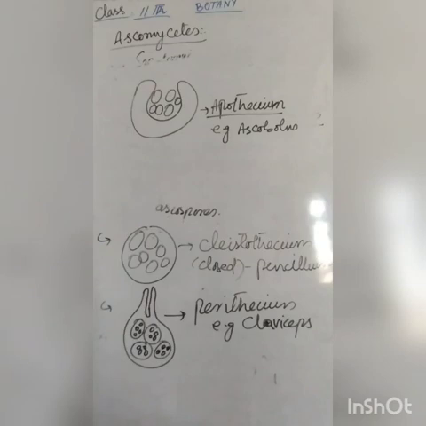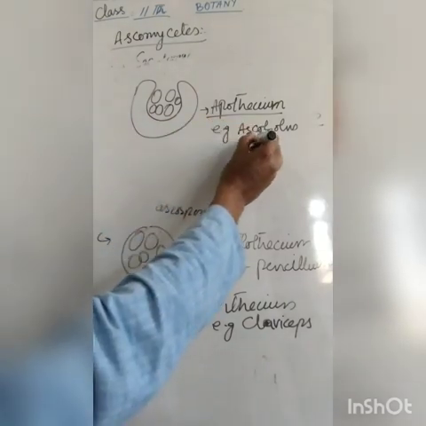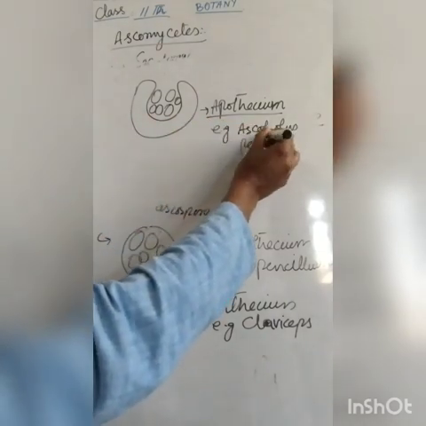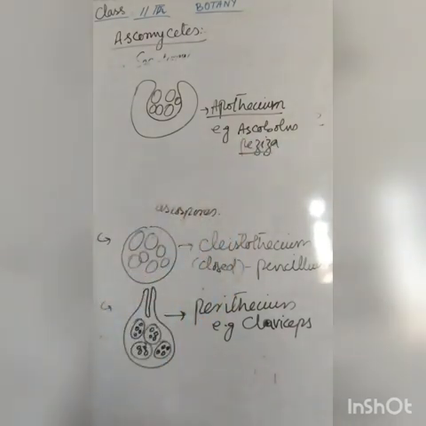It is a cup-shaped ascocarp called apothecium, and it occurs in Ascobolus or Peziza. Peziza is another Ascomycete. Now this flask shaped one occurs in Claviceps, or it may occur in Neurospora.